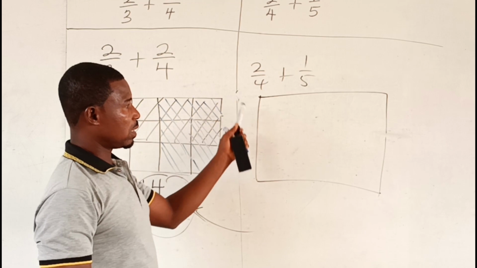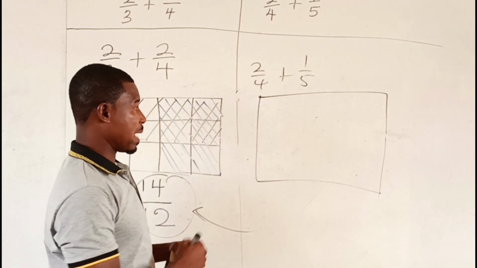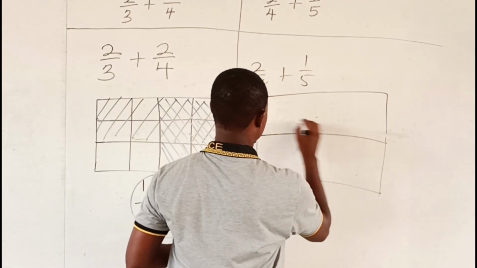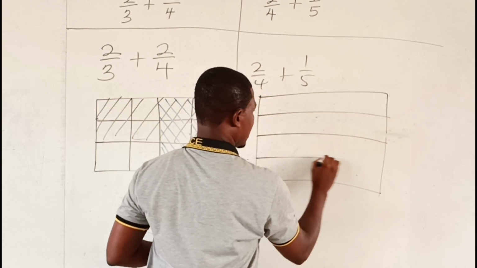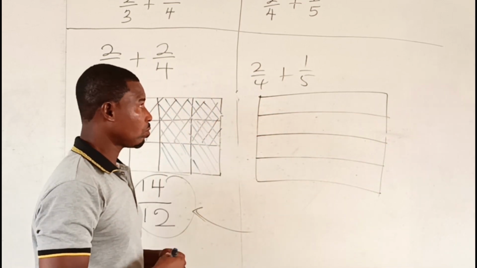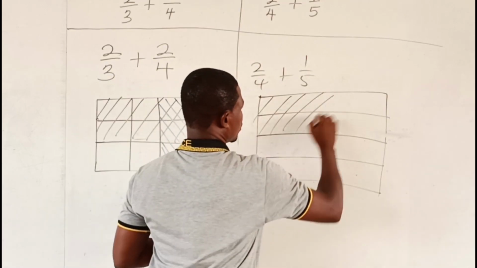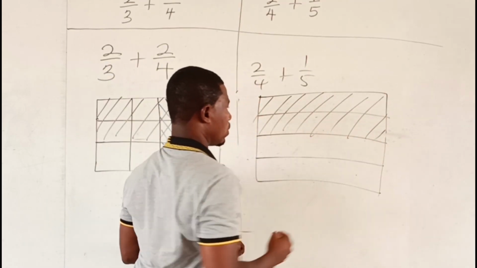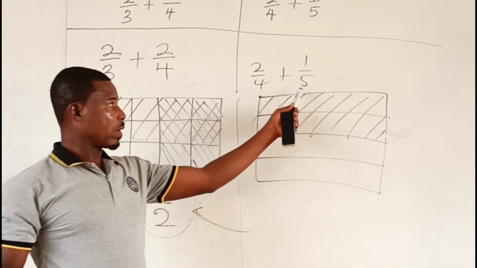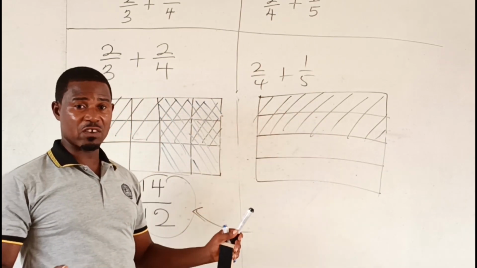Let's take the first one. We shall divide it into 4 parts. So we have here, here, and here. And we shade 2 parts. So 1, 2. Good. The next one, we are going to divide the same whole into 5 parts.